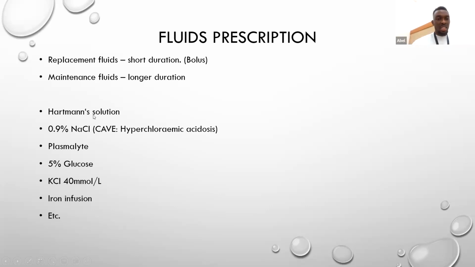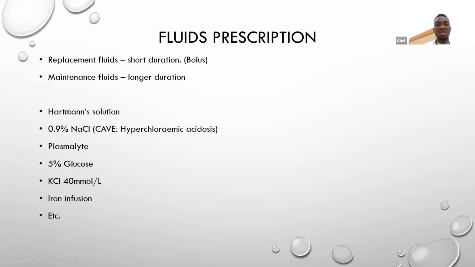The difference is in the contents of these solutions. So Hartmann's, the electrolytes with the highest concentration would be sodium and chlorine. Also, same thing as sodium chloride as well.